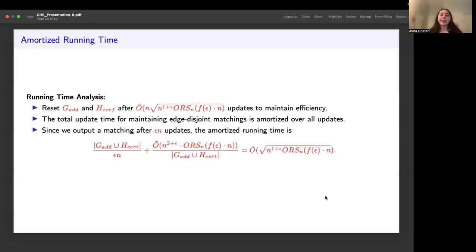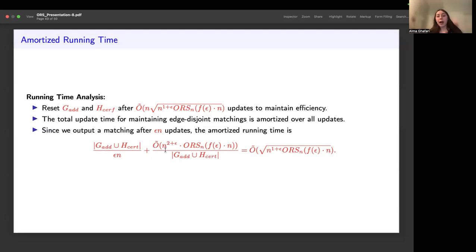Finally, we get to the running time analysis. Let's say we give an upper bound for the size of G add and the certificate graphs. We are going to pay these costs of G add and the certificate at each epsilon n update times. And we can reset these two graphs if they get very large.